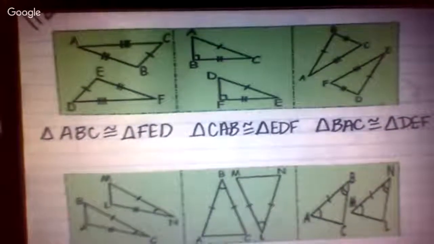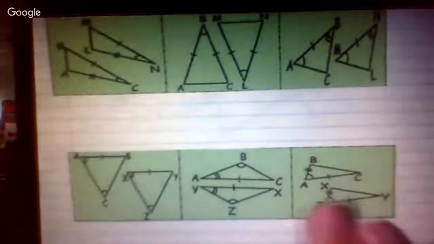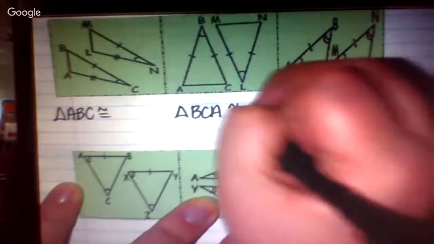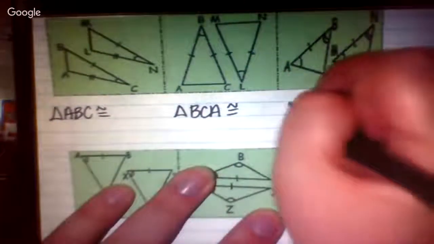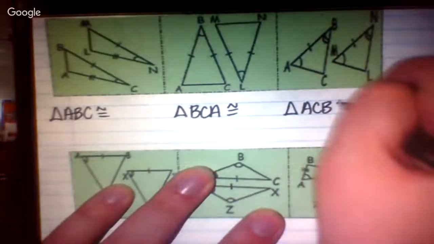Okay, so what I'm going to do is I'm going to jump down to all of these ones. I'm going to give you your starting statement, and you need to go and give me all of your ending statements. So let's do triangle ABC here. Let's do triangle BCA here. Let's do triangle ACB here.